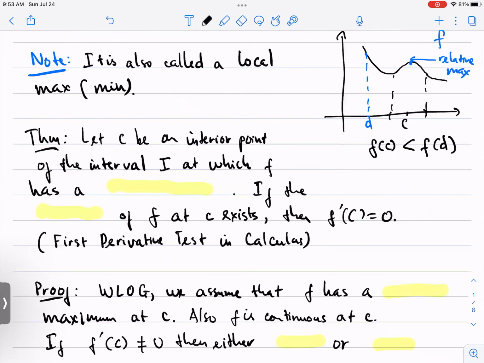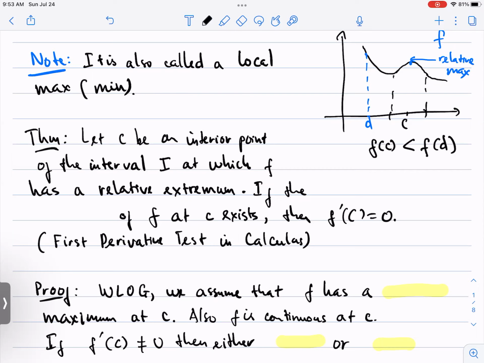Now, here is the theorem. Let C be an interior point of the interval I at which f has a relative extrema, either maximum or minimum.